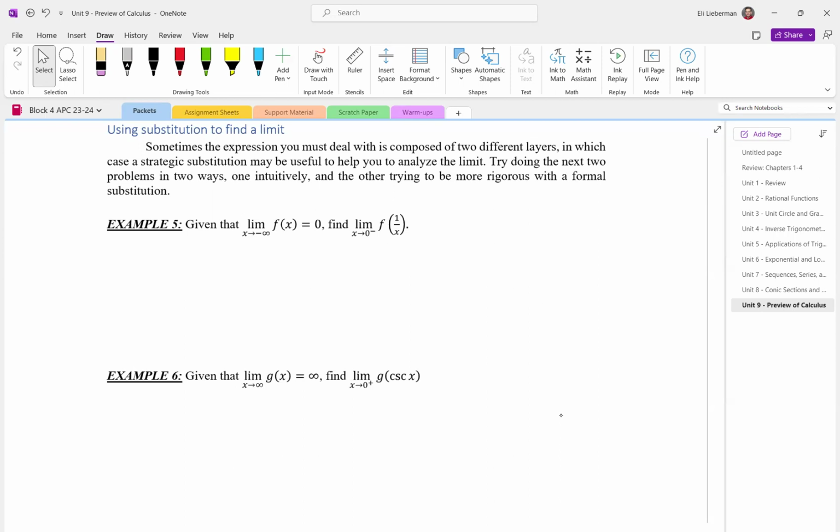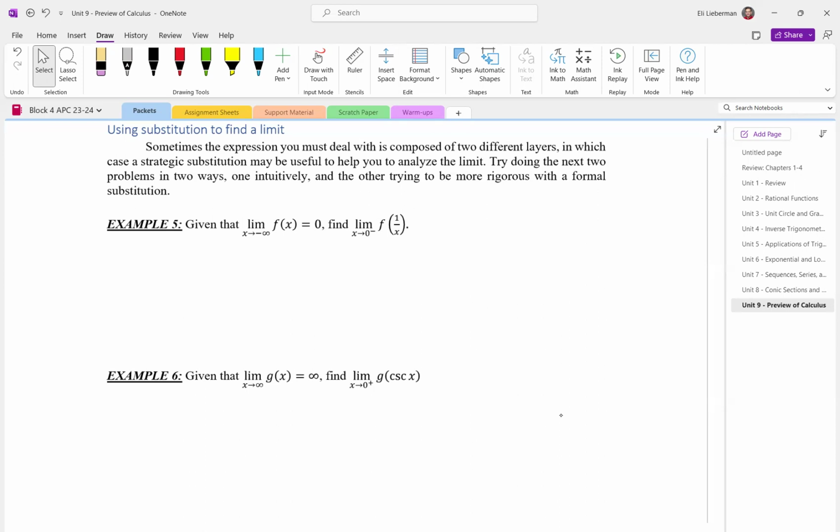So the values that we're plugging in are very close to 0 from the left. Numbers like negative 1/1000. What happens if you plug in -1/1000? It becomes -1000, doesn't it? And f of -1000, what do you think is true about that? It's close to 0, isn't it? How about if we got even closer to 0, like -1/1,000,000?